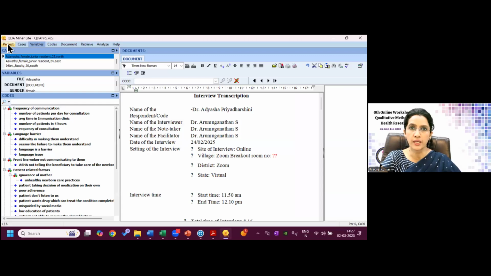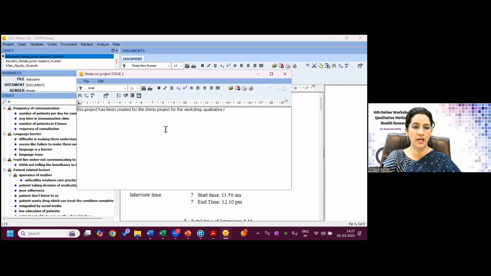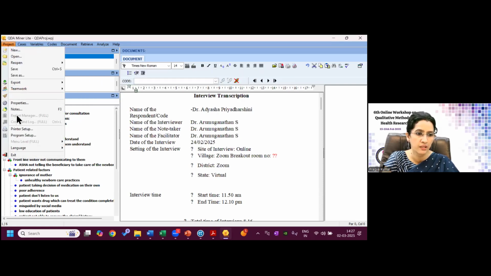If you come to the project, here there is a note. You can open this note and start writing your own analytical memo day-wise. You can write the date, like today's date, let's say it's 2nd March, so 2, 3 you can write, and then start writing whenever you are doing the coding process. I think it doesn't take a timestamp, but again you can write a date. So this is the place in the project under the note section where you can write your notes.